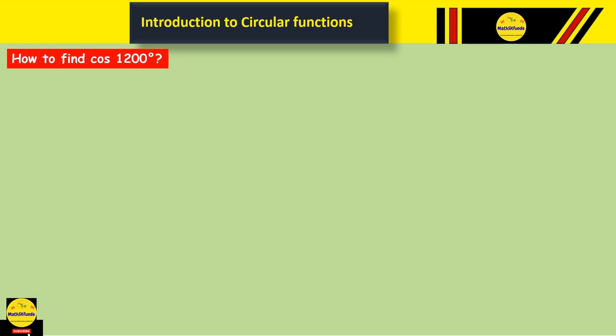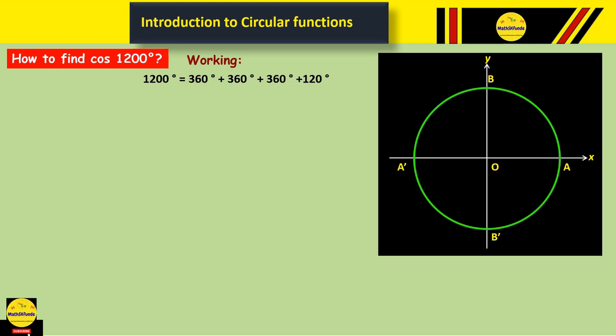Now 1200 degrees, first of all, you should understand the interpretation. The interpretation is that 1200 degrees is 360 degrees plus 360 degrees plus 360 degrees plus 120 degrees. Now 360 degrees is familiar to you. It is considered as one complete circle. So my approach, like before, would be with the help of one unit circle only.